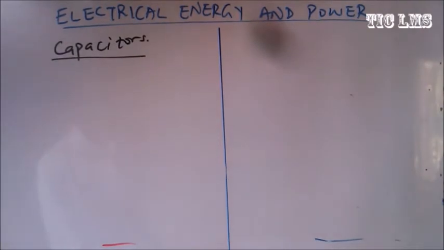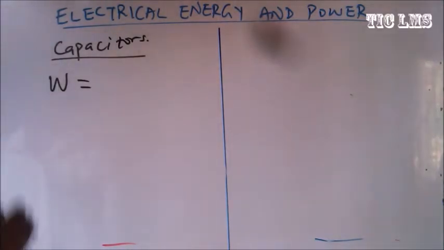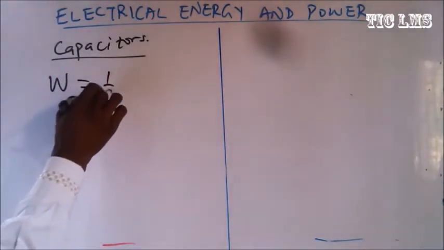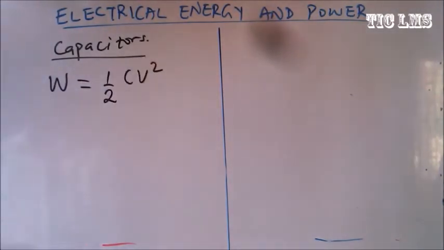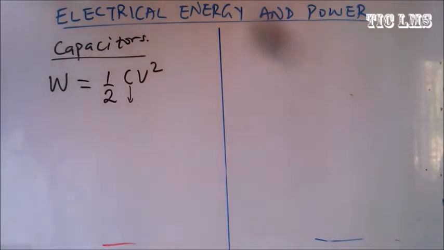Now it's important to note that capacitors are used for storing charges. So electrical energy is stored in a charged capacitor, and the energy that is stored can be calculated by having W, which is the energy, equal to half CV squared, where C is the capacitance and V is the potential difference squared.